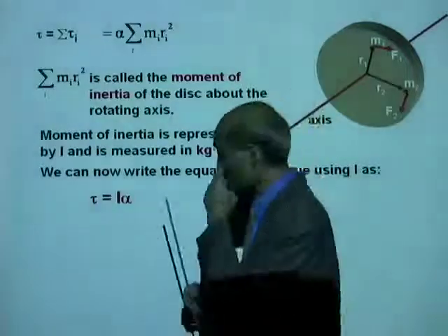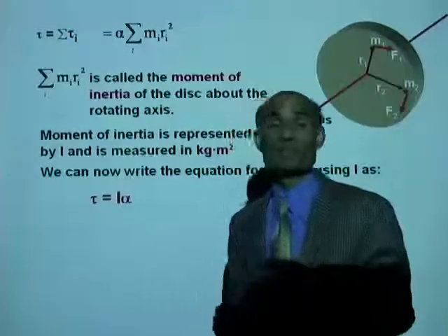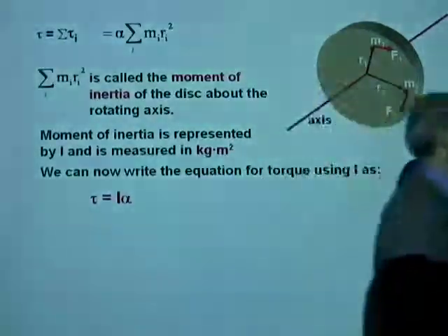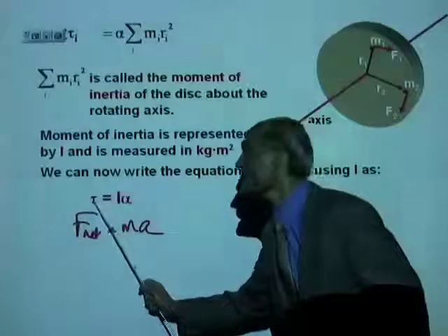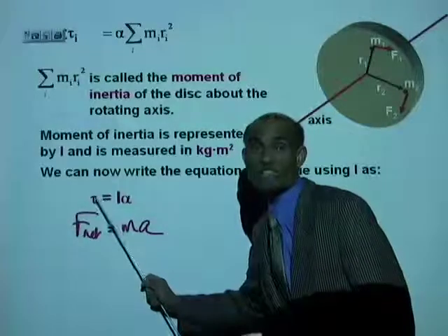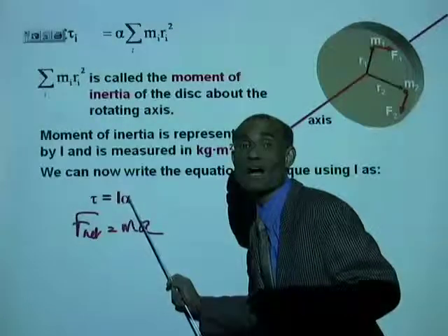Alright, in that case tell me, what is the role of this I, the moment of inertia? If you noticed, in linear motion our equation is F net equal to ma. In rotational motion, that equation becomes tau net, the net torque, equal to I alpha.